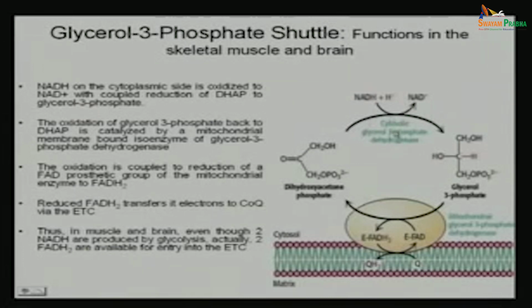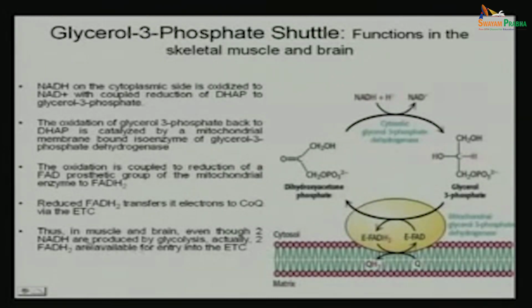This oxidation is coupled to a reduction of FAD, the prosthetic group of the mitochondrial enzyme, to FADH2, and this FADH2 transfers its electrons to ubiquinone, converting it to ubiquinol.